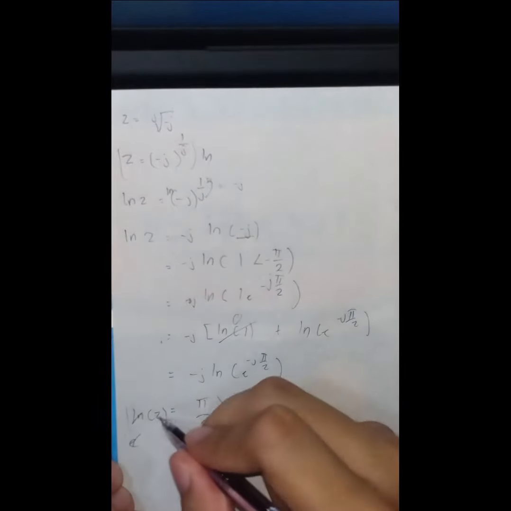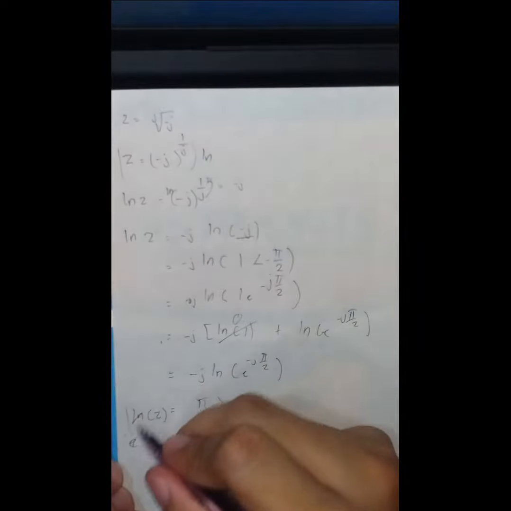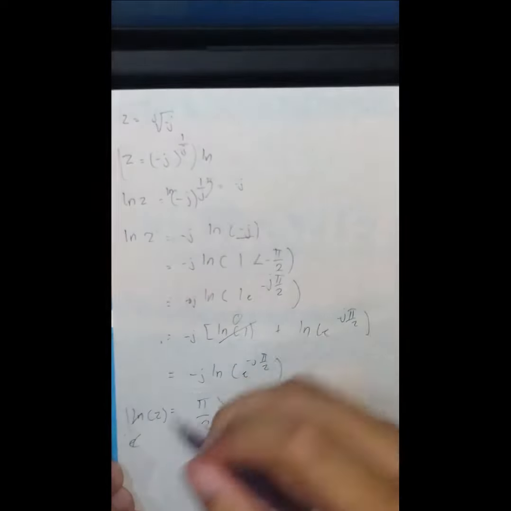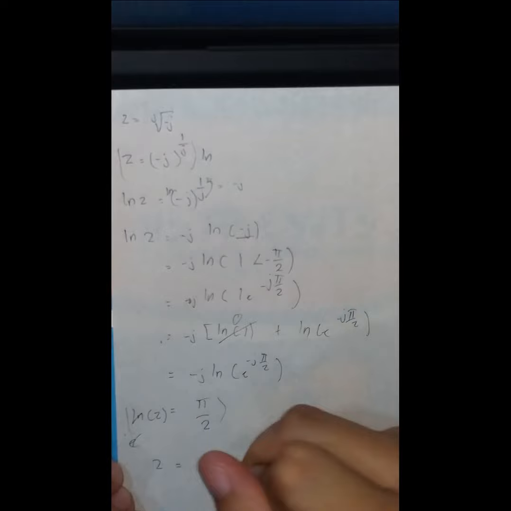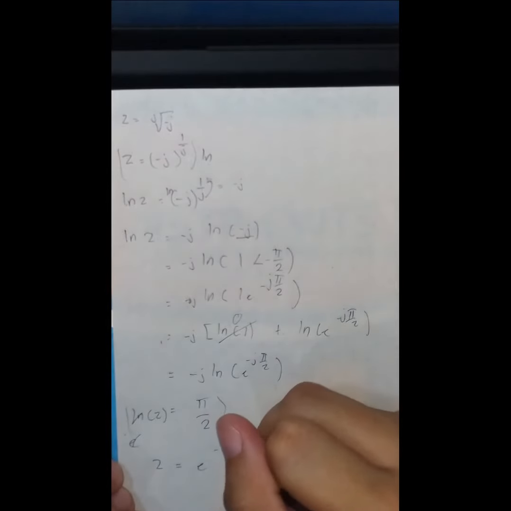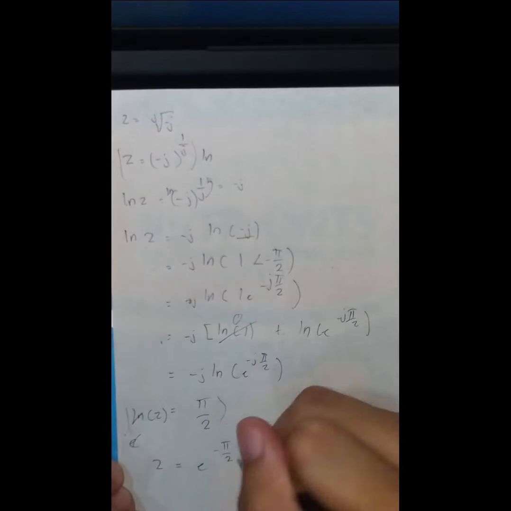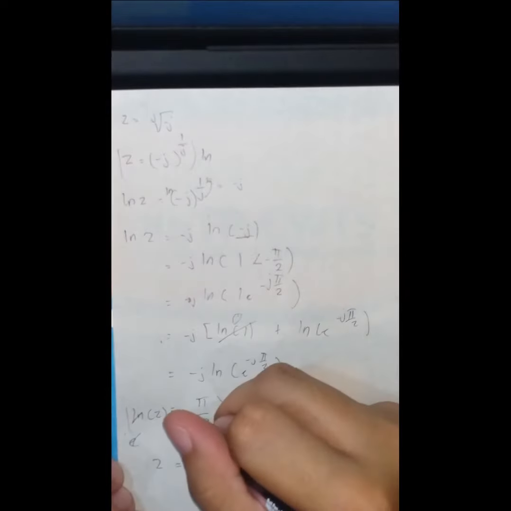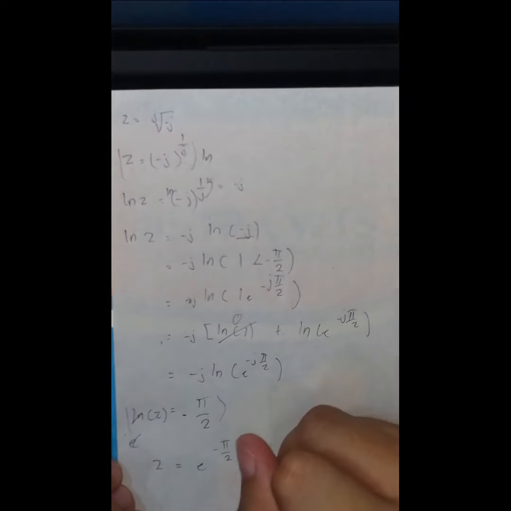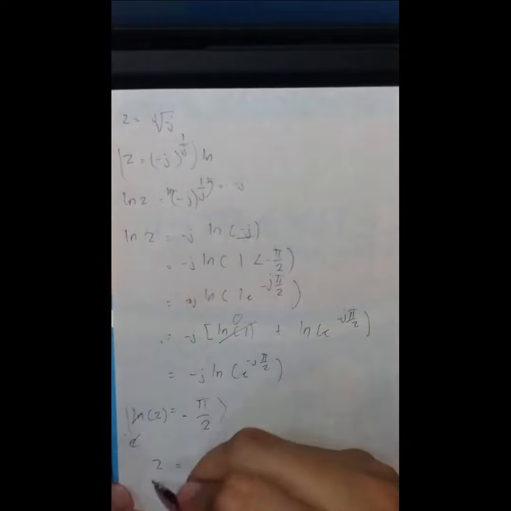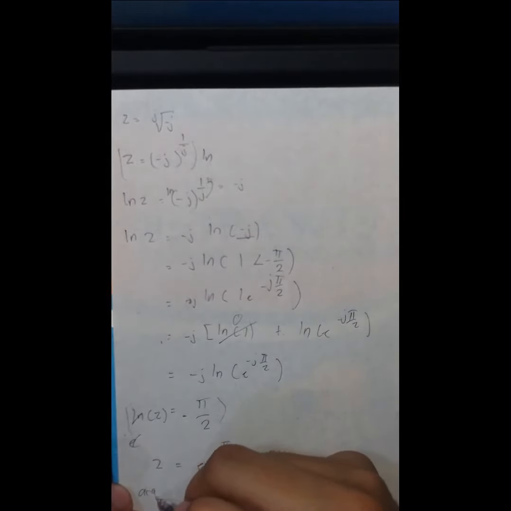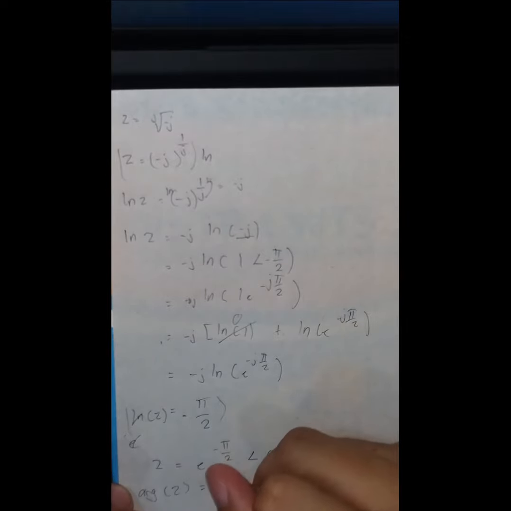So z is equal to e raised to negative pi over 2, sorry, just negative pi over 2 angle of 0. So our principal value for this problem is just that. So this is your final answer.